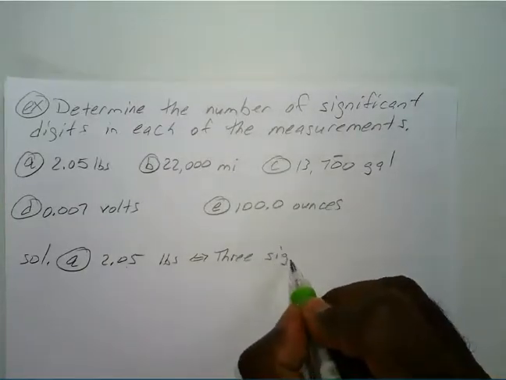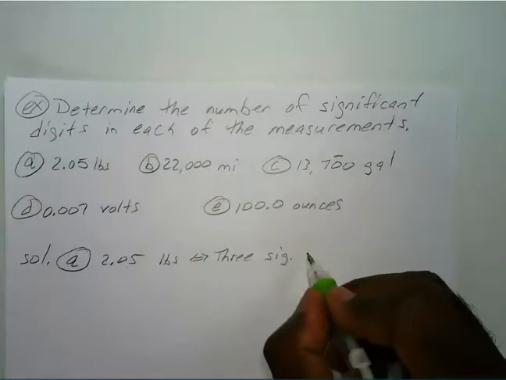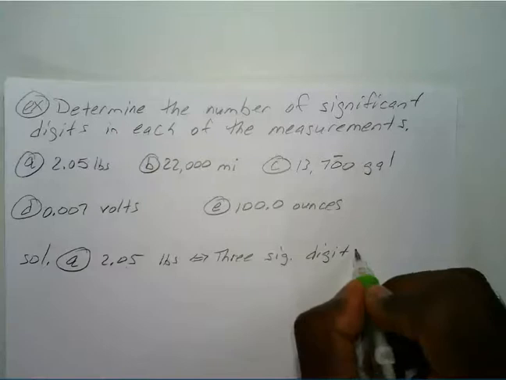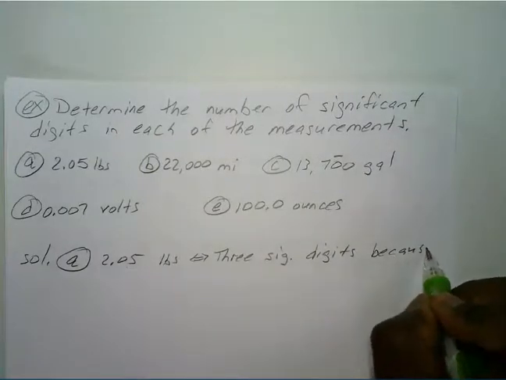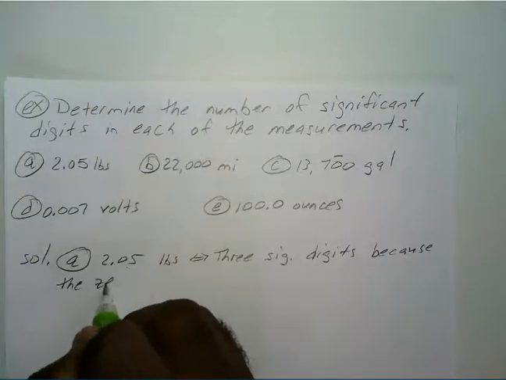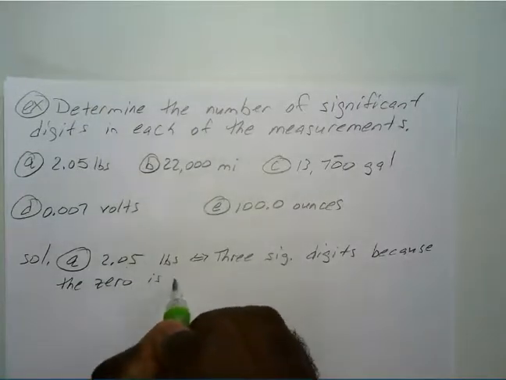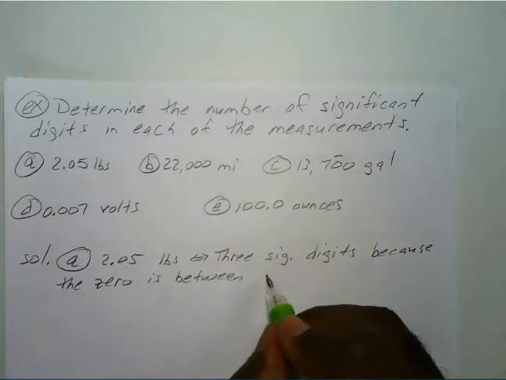And I'm just going to write sig for significant instead of writing significant over and over. 3 significant digits because the 0 is between 2 non-zero digits.